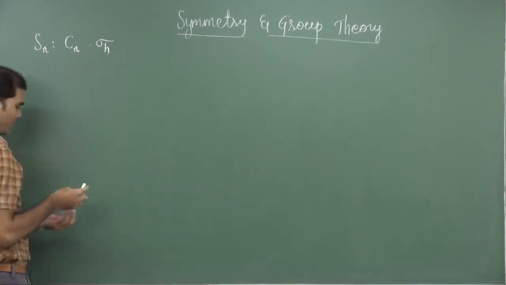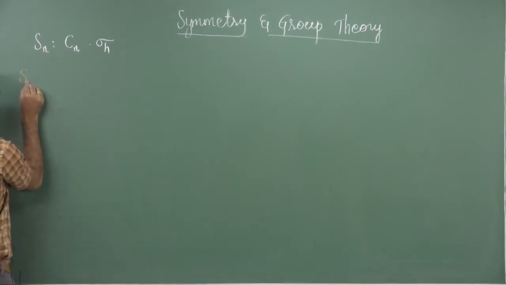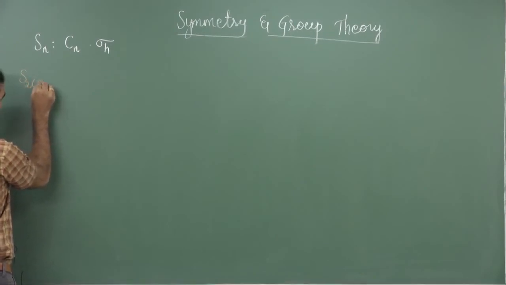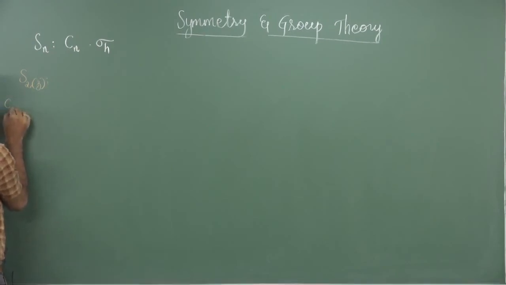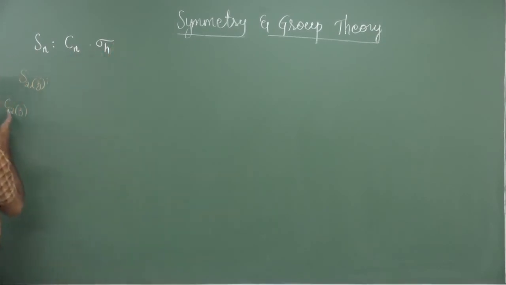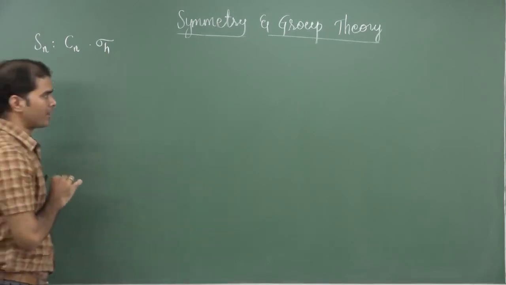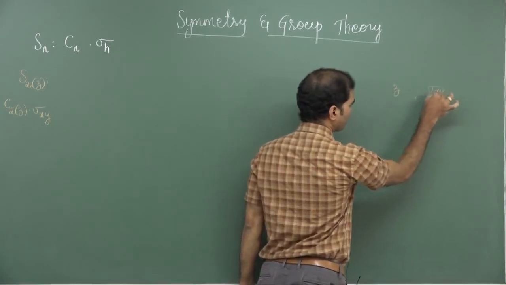Just in a similar way to what we have done previously, we will also try to do here. Let me take S2 along z axis. When I say S2 along z axis, it will be C2 along z, and a sigma which is perpendicular to this. It is a sigma h. Whenever I am choosing a rotational axis passing through z, the plane perpendicular to it will be sigma xy.